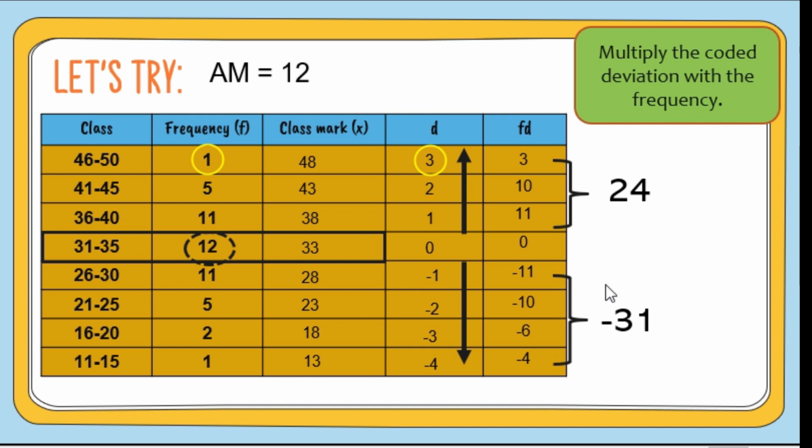Now, when we add 24 and -31, since they have different signs, we are going to subtract them. So 31 minus 24, that is 7. So we will be following the sign of the greater absolute value, which is negative. So therefore, the sign is negative. So we will have -7. So we could say now that the summation of fd, or the summation of the product of the frequency and deviation, is equal to -7.